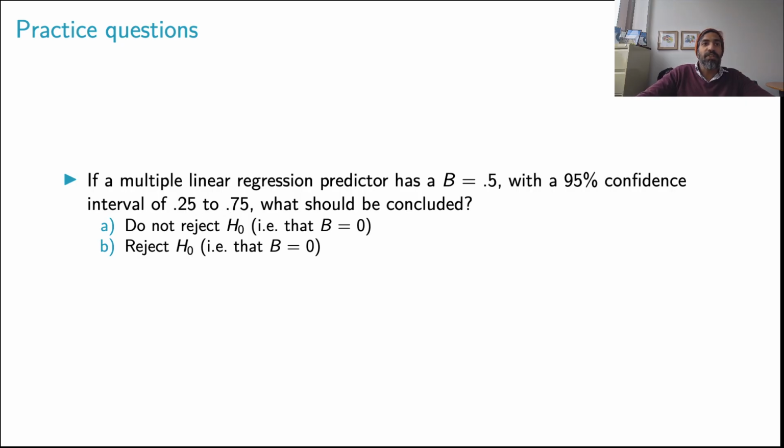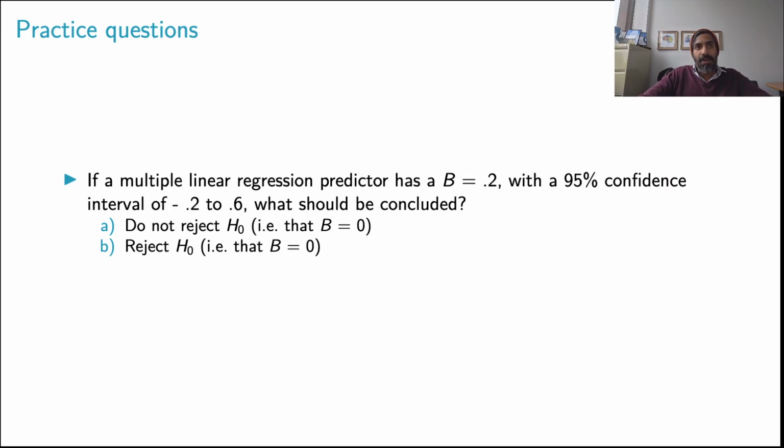Here, the confidence interval does not cross 0, and so you reject the null hypothesis. If it crosses 0, that means that when you repeat it many, many times, the true value could be 0. Therefore, you state that there's no difference, right? You don't reject the null hypothesis.